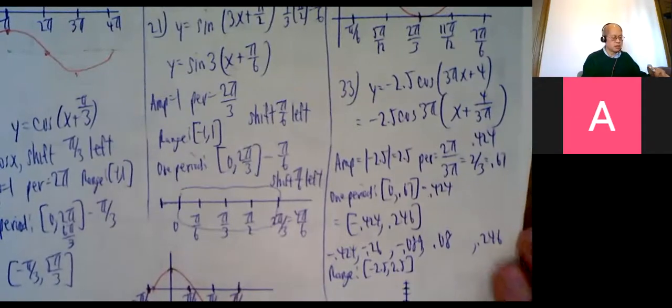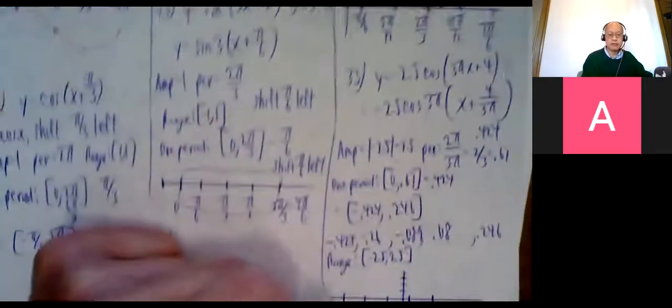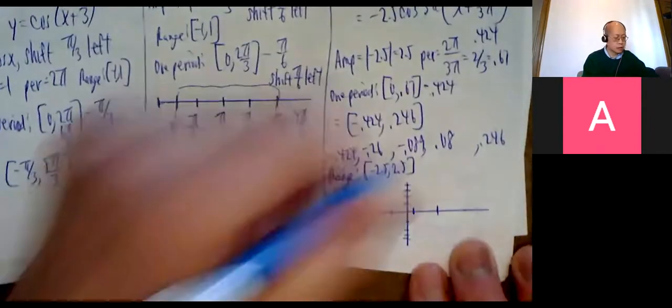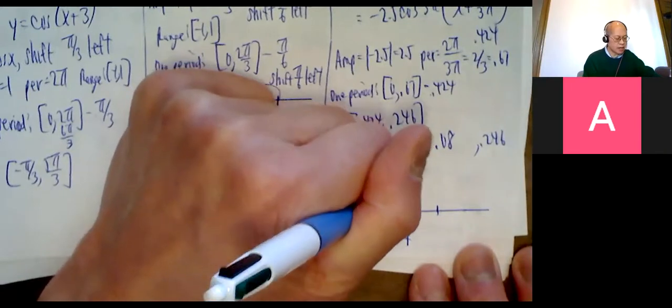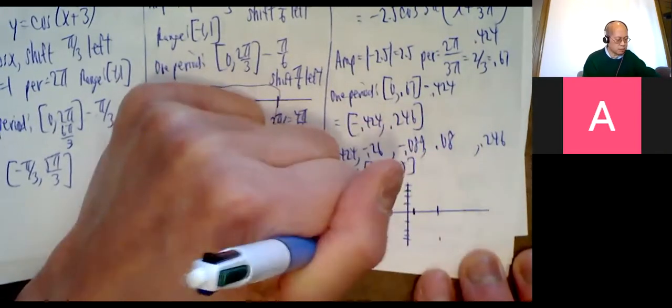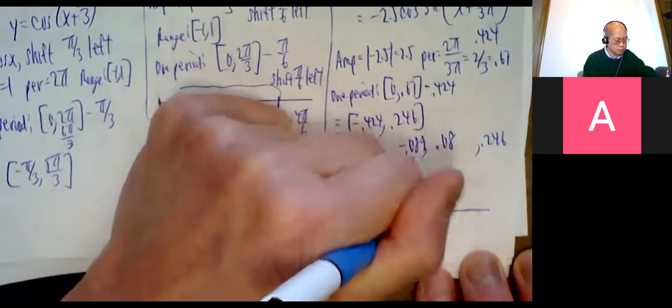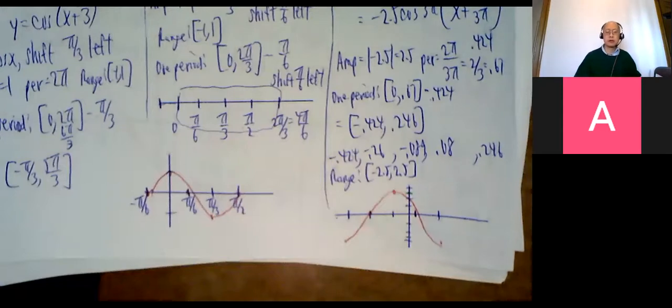Okay, so lowest point, midline, maximum, midline, minimum. Okay, so that was definitely a little bit tougher.